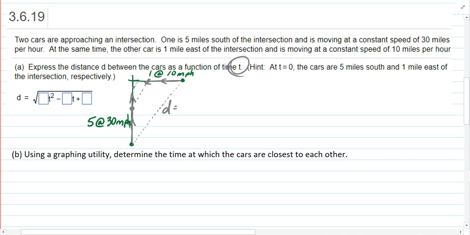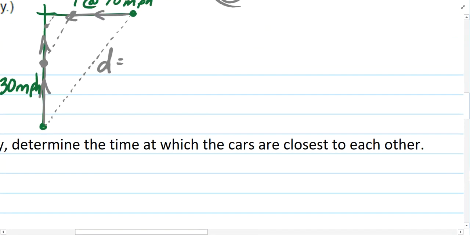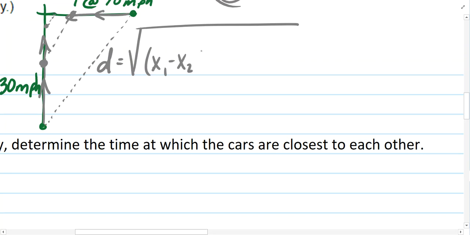Well, let's remind ourselves of one thing first. The distance formula that calculates the distance between 2 points is essentially a modified form of the Pythagorean equation. It is equal to the square root of the difference of the x's, x1 minus x2 squared, plus the difference of the y's, y1 minus y2 squared.